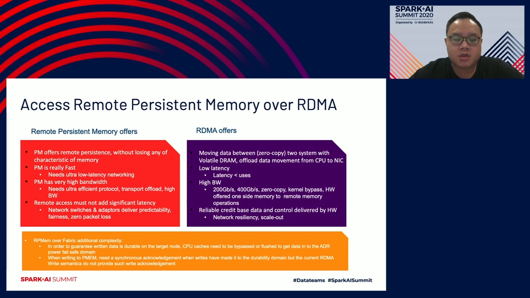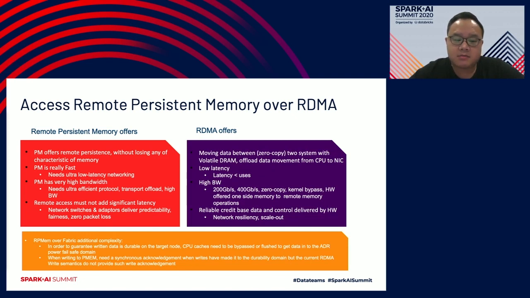The 200 gigabit and 400 gigabit cards offer zero copy, kernel bypass, and hardware-offloaded memory to remote memory operations. They even offer reliable credit-based data and control delivery by hardware, like network resiliency and scale out. So this makes RDMA a perfect technology for remote memory access.